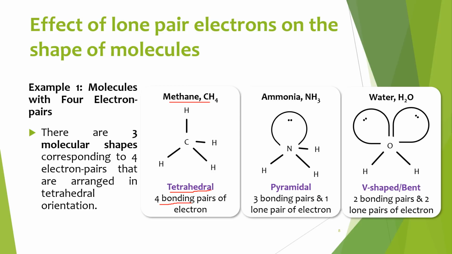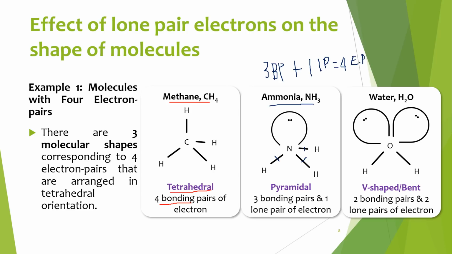Next, for example, ammonia, NH3. The lone pair for ammonia is equal to 1. Ammonia will have 1 lone pair and 3 bonding pairs: 1, 2, 3. So the total number of electron pairs is 3 bonding pairs plus 1 lone pair, so it will have a total of 4 electron pairs.